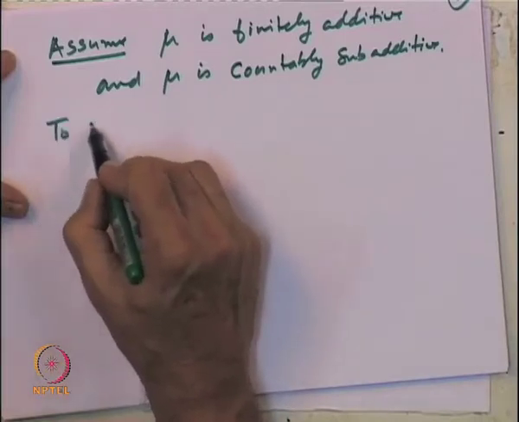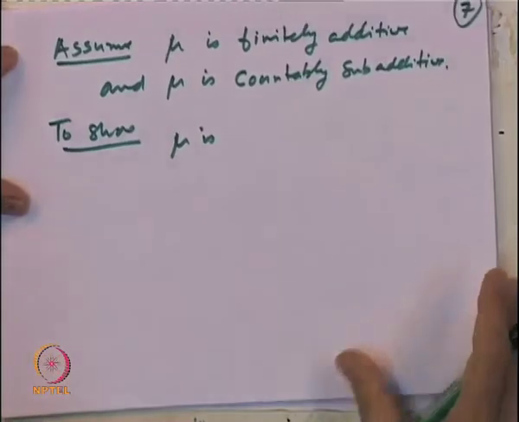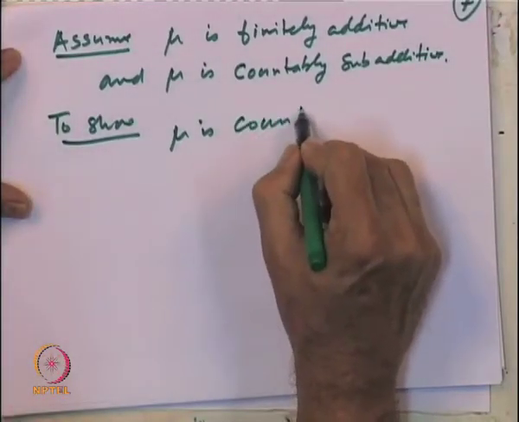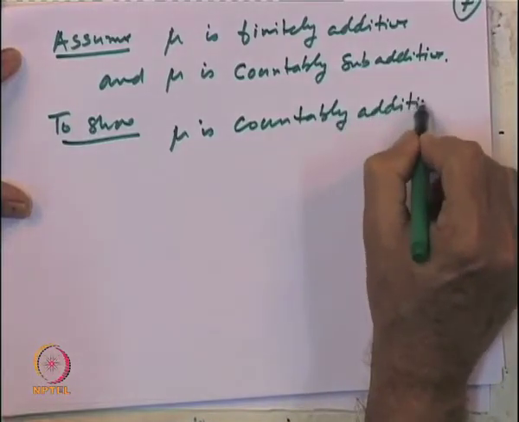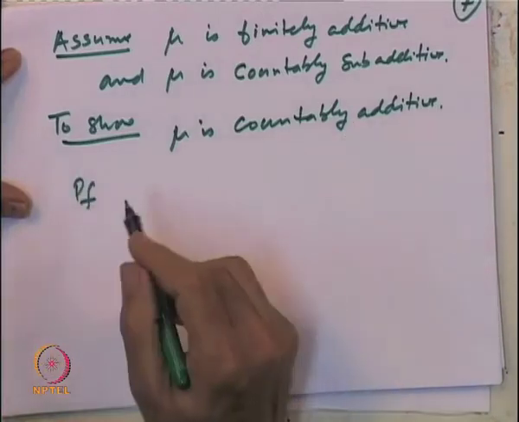To show mu is countably additive. So, let us choose the proof. So, how to prove countable additivity?